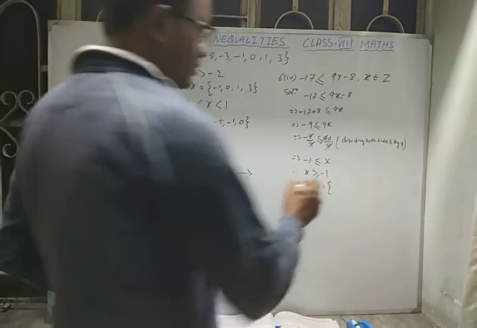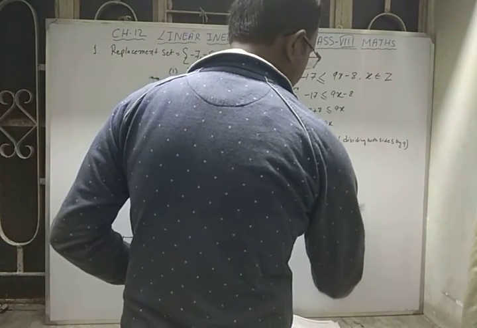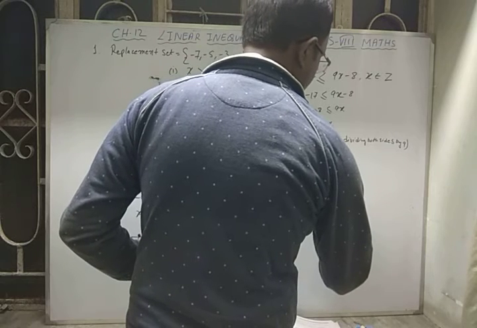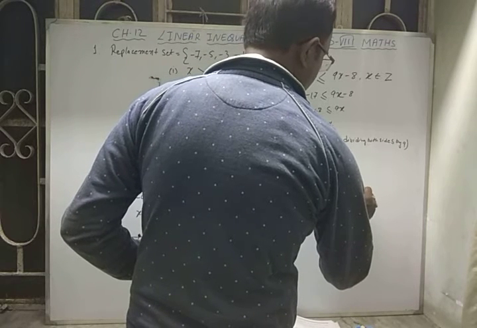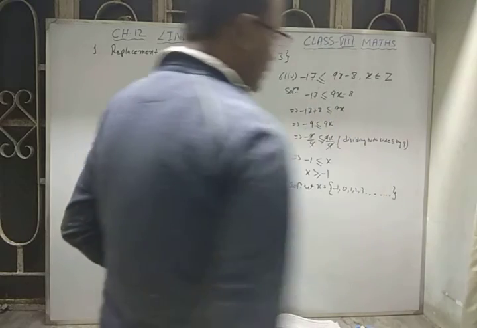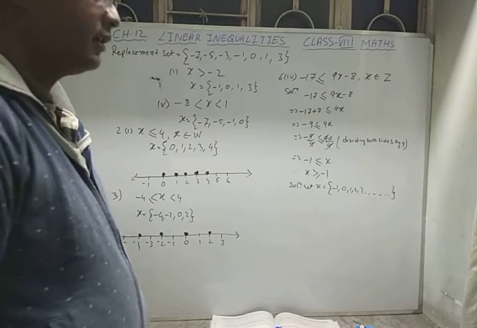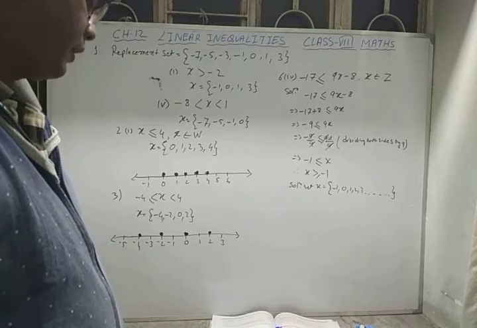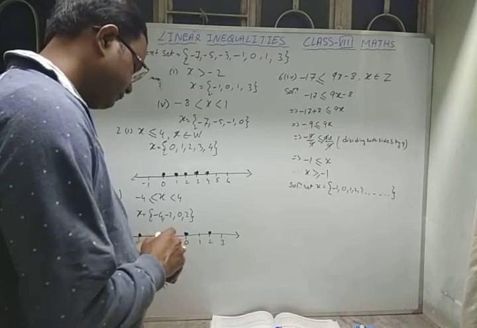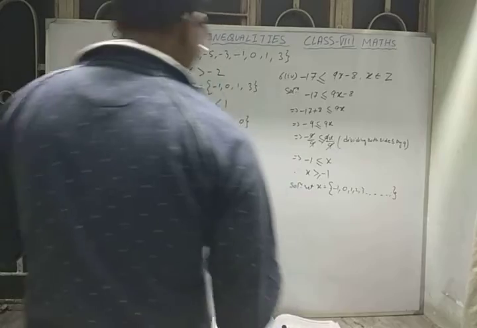Greater than minus 1 is 0, and equal to is also there, so we have to take minus 1 too: minus 1, 0, 1, 2, 3 and so on. So it is an infinite set. The solution set is an infinite set. So you have to solve like this. I will do a few more questions for you.